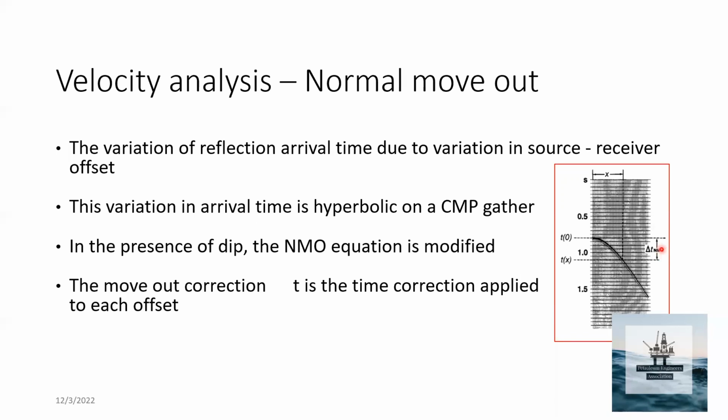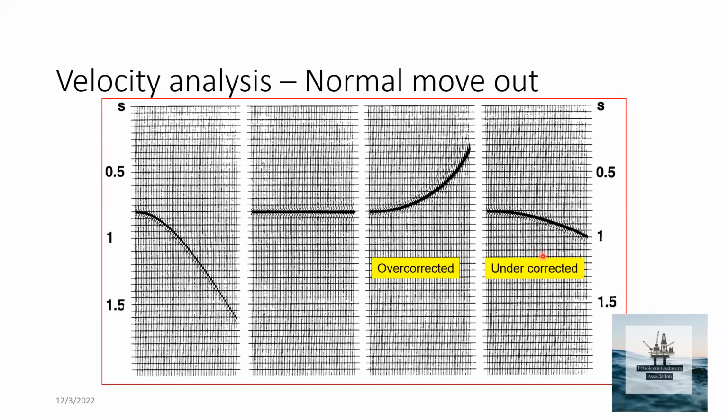When you compensate this time, the reflector goes back to its original horizontal position and it will be flat. That's quickly the definition. This is the CMP or the traces before the NMO, which are hyperbolic. After compensating the delta t, it will be flat like this.